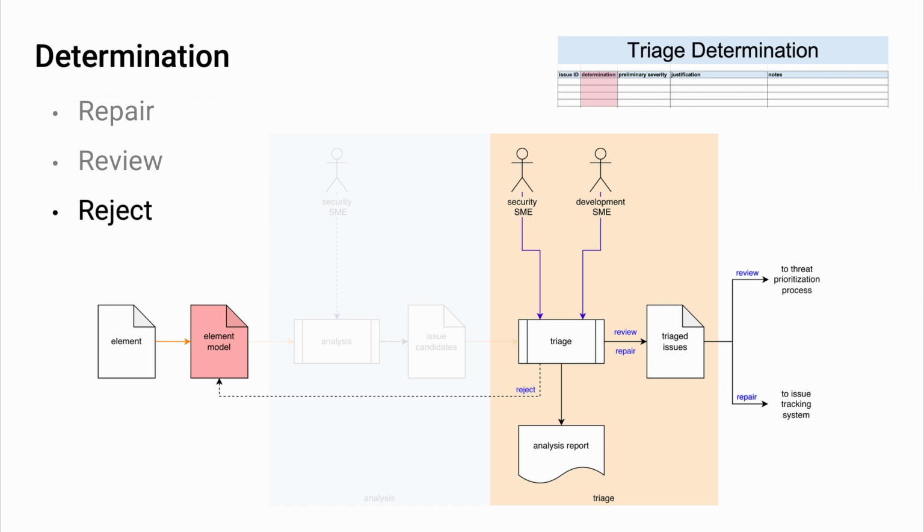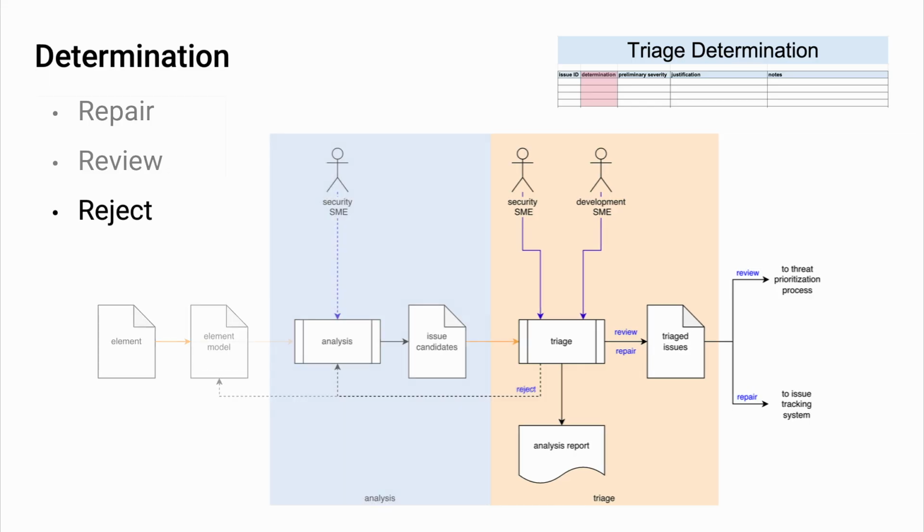And so, when we reject a design analysis issue, we need to go back to the model and update it. This also has the implication that we're going to rerun the analysis once the model has been updated to verify that the issue doesn't present itself again.